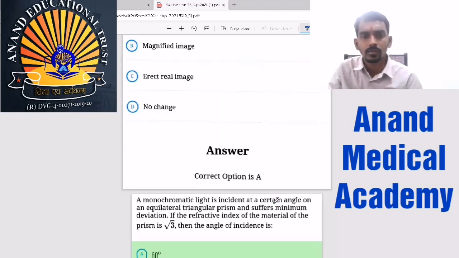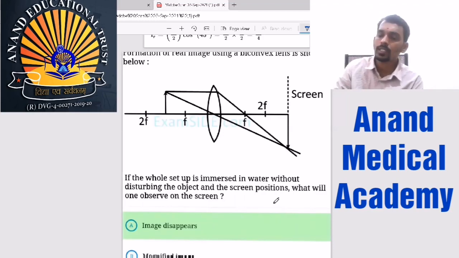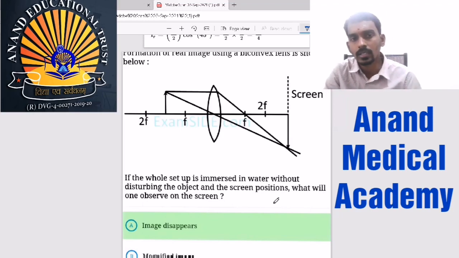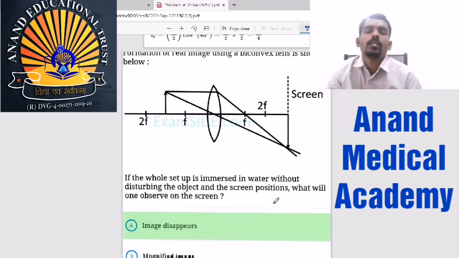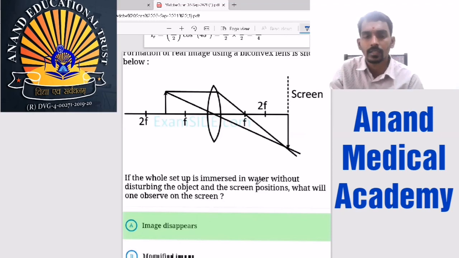One more thing I would like to mention: if you consider a mirror, the focal length does not change as the medium changes. But when you consider a lens, when you change the medium, the focal length will change. So accordingly, you calculate it.